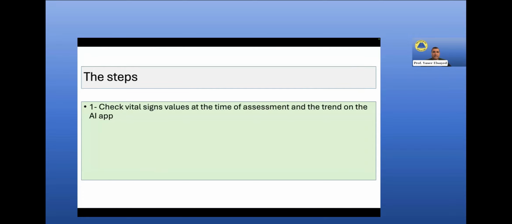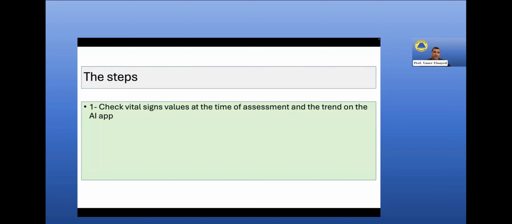How to do that in steps? Check the vital sign values at the time of assessment and the trend over time. So when you look at the vital signs, not only the blood pressure, but oxygen saturation, perfusion index, ambient temperature, heart rate, and look at the trend over time. If the trend is worsening by more than 20%, this is a significant worsening trend.